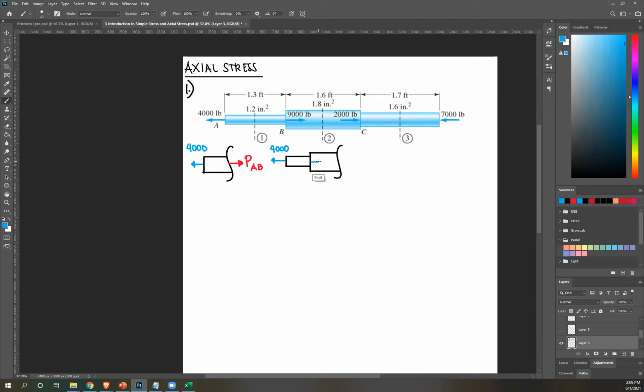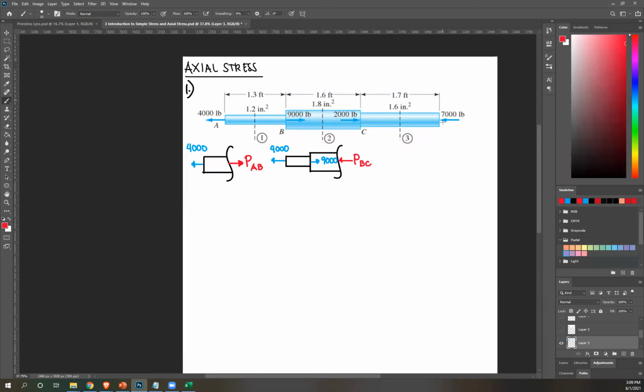Don't forget that, 9,000. Next, again, you're gonna assume the direction to put this in equilibrium. Since I have a force to the right that's greater than the force to the left, I need another force to the left to put this in equilibrium. Again, this part is just assumptions. Intelligent guessing. Now this is your PBC.